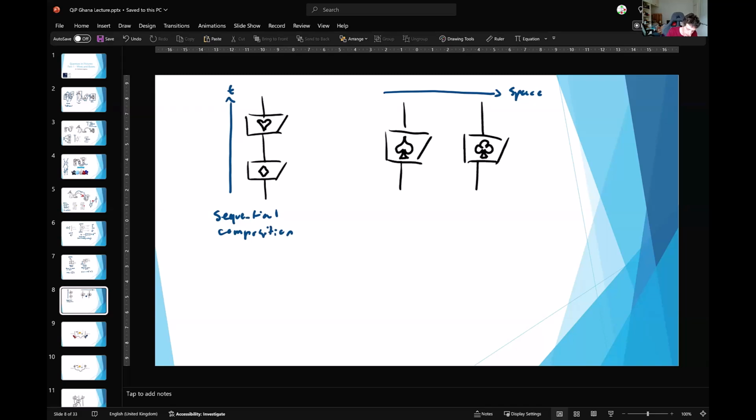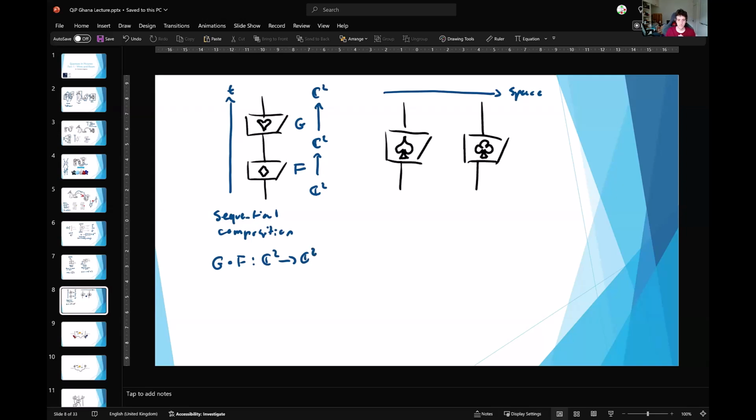So if you think that these are linear maps, you have F, and then you have G, let's say. F takes a qubit into a qubit. G takes that qubit, returns a qubit again. And the sequential composition is just the composition of the two linear maps. Again, it goes from a qubit to a qubit.